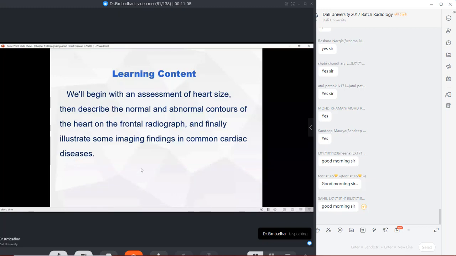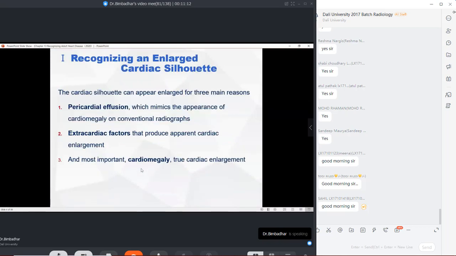So let's try to see how exactly we do it. There are three conditions which actually make the heart size appear bigger. A simple logic that we remember is that anything happening in the pericardial space matters.